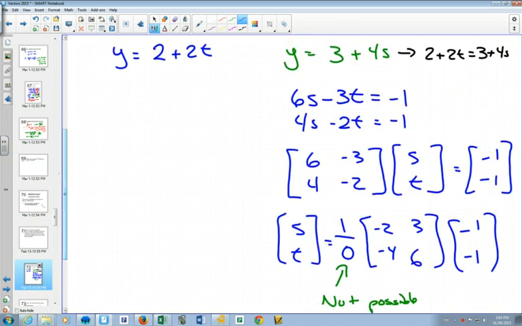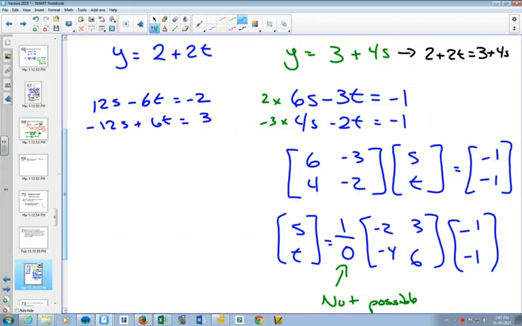If we had gone about this and tried to use substitution or elimination, personally I like elimination here. You pick a variable that you'd like to eliminate. Say you want to get rid of the t's. I'm going to multiply this equation by 2 and this equation by negative 3. Because then I'm going to get 12s minus 6t equals negative 2. And over here I'm going to get negative 12s plus 6t equals positive 3.